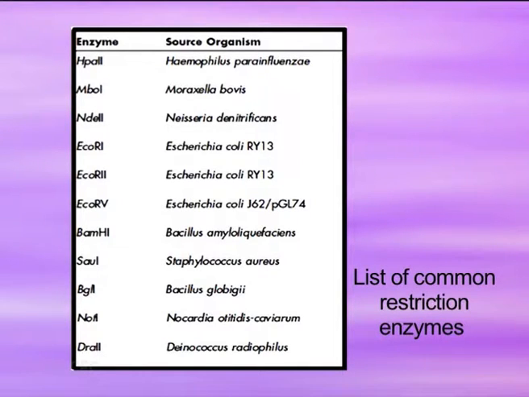This means from the same strain of Escherichia coli, that is strain RY13, the first restriction enzyme was discovered, followed by the second, and EcoR5 stands for the fifth restriction enzyme being discovered from the same strain of Escherichia coli. In this way we can see how the nomenclature is important for restriction enzymes. It helps us to distinguish between the different restriction enzymes differing in their properties.